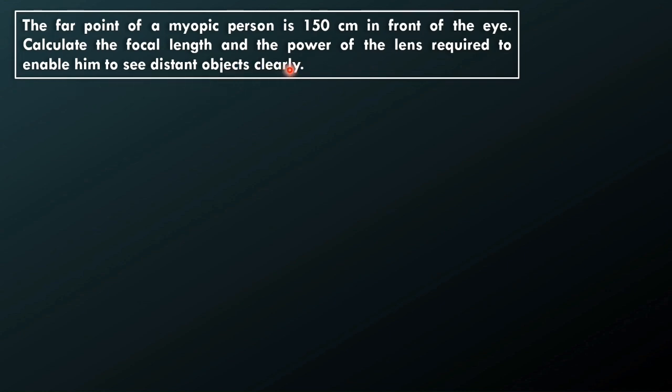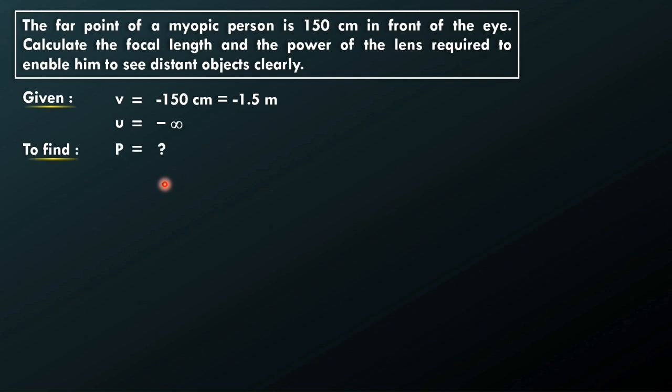The far point is 150 cm, so the image distance v equal to minus 150 cm. Let me convert centimeter to meter. Therefore v equal to minus 1.5 meter. And the object distance is minus infinity. We have to calculate the power and focal length of the lens.